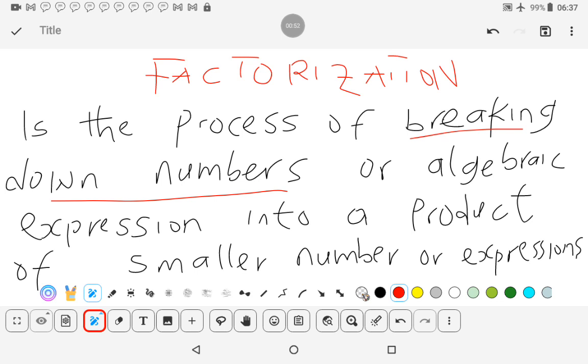So you break down an algebraic expression or numbers into a product of smaller numbers. Product here means multiplication. You break down a given algebraic expression or numbers into a product so that when you multiply them, it will give you back your original expression or your original numbers.